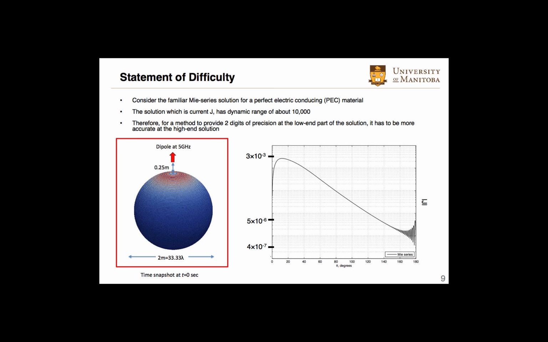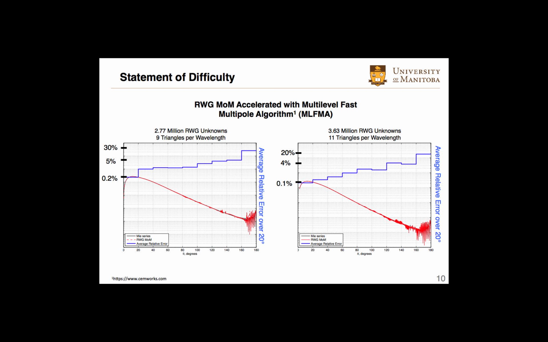So let's look at it from a more numerical point of view. Here, if we actually use the RWG method of moments solution using 9 triangles per wavelength, we can see that at the highest end the error is quite low, but when the magnitude of the actual solution is very small, the error grows, and at this point we have 30% error.